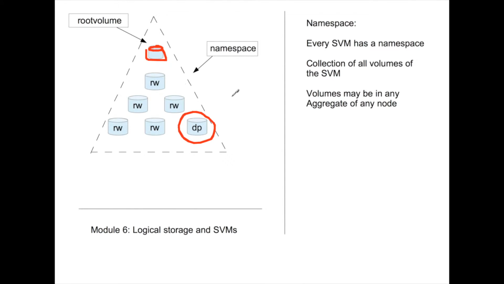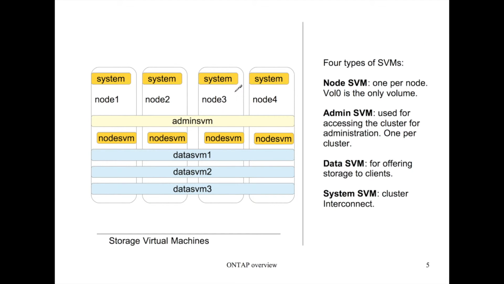As I said before, you cannot have logical volumes for data or for configuration without them being part of a storage virtual machine. And another thing to notice is that such a volume may be in any aggregate on any node. So you can have 6 nodes, and these volumes over here could be spread out across all of these nodes. They don't have to be part of one single node or one single aggregate.